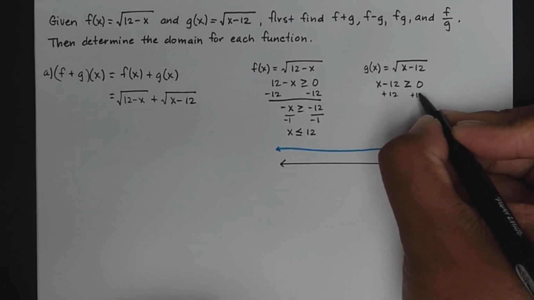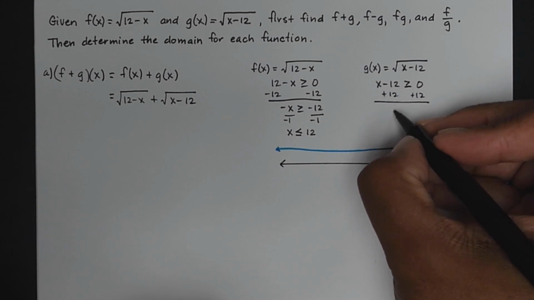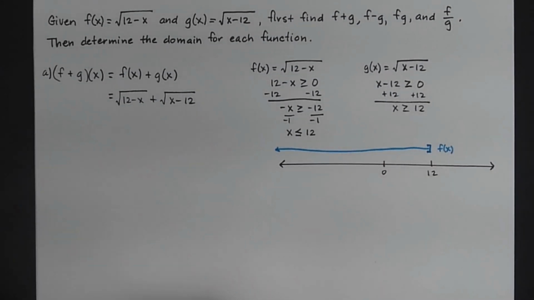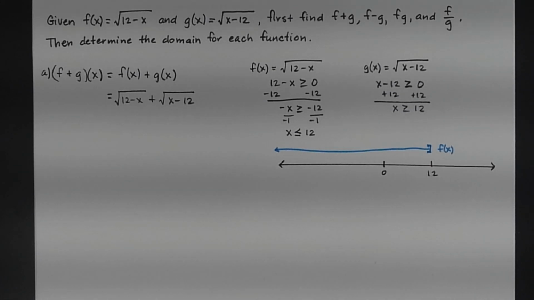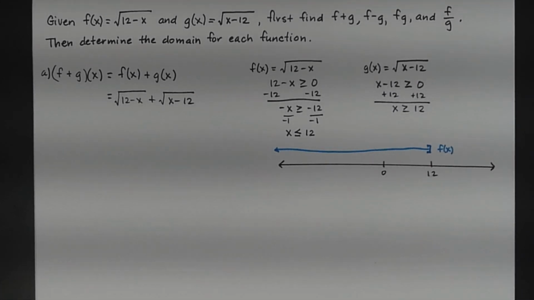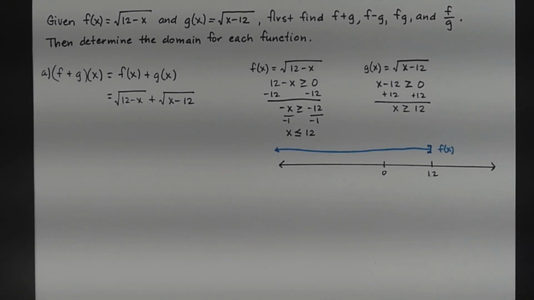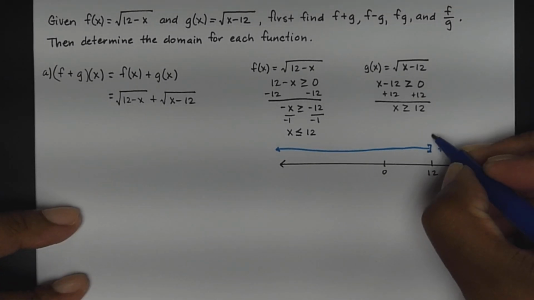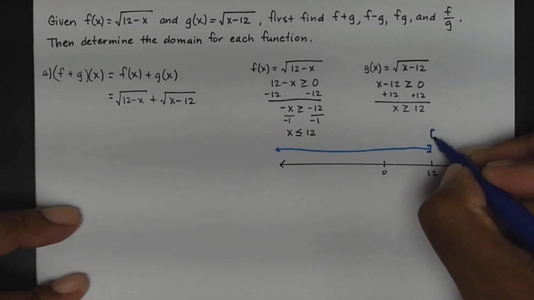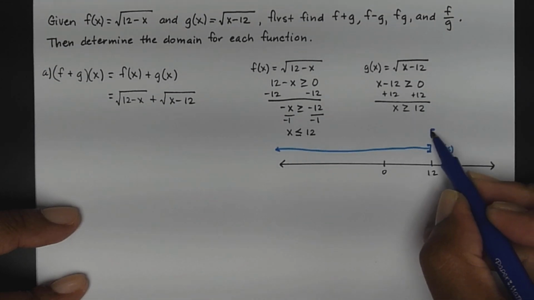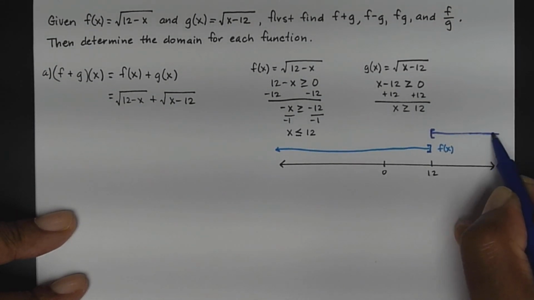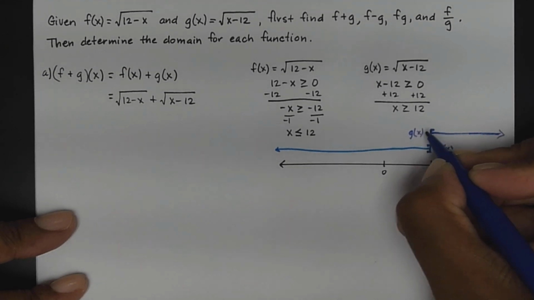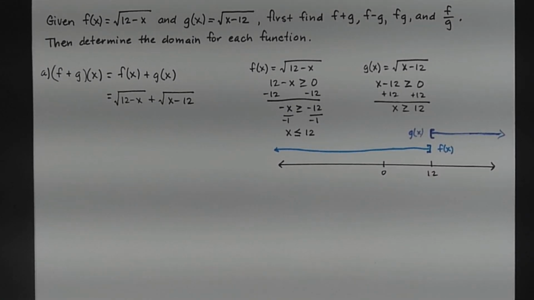So if I add 12 to both sides, that means x is greater than or equal to 12. All right, so now x is greater than or equal to 12 on the number line means this. I have a left bracket at 12. Greater than points to the right, so that means we shade to the right of 12. So this is my g of x, or the domain of g of x.